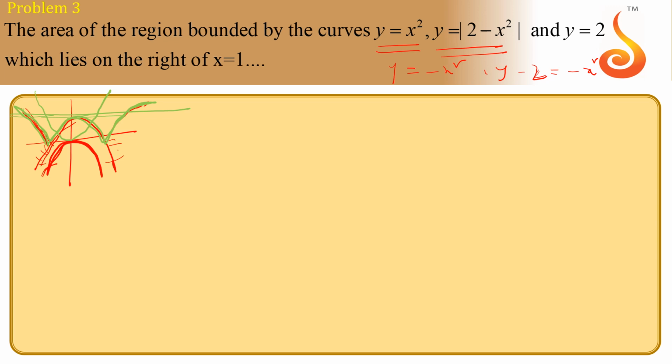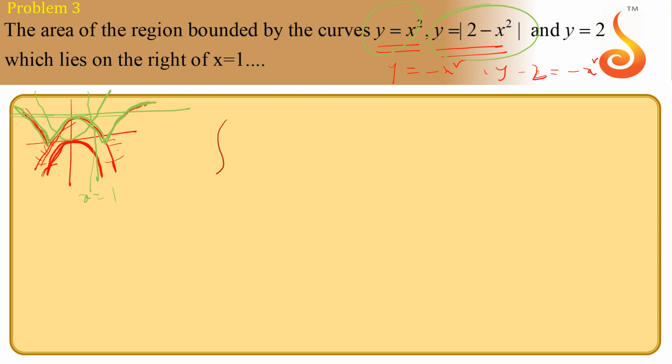So to the right side of 1 means there those two are intersecting. That I think is x equals 1. So from 1 to this point will be root 2. If you solve those two, you will get root 2. These two curves you solve, you will get root 2.